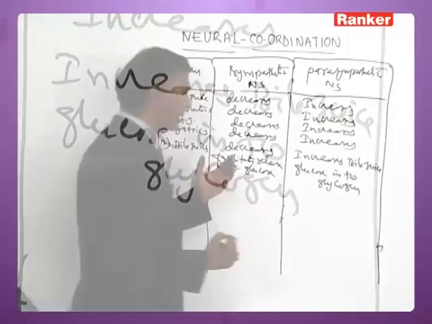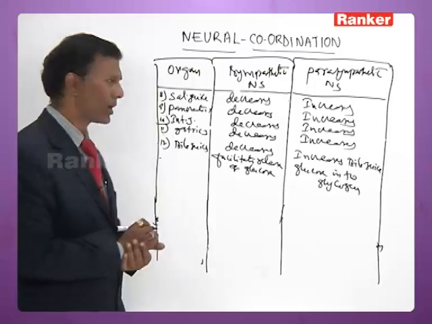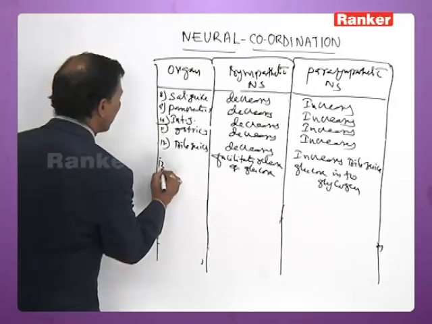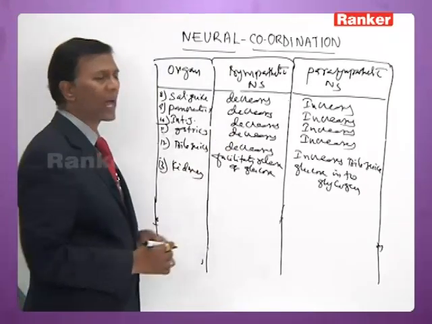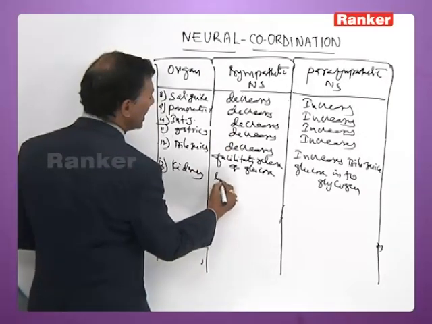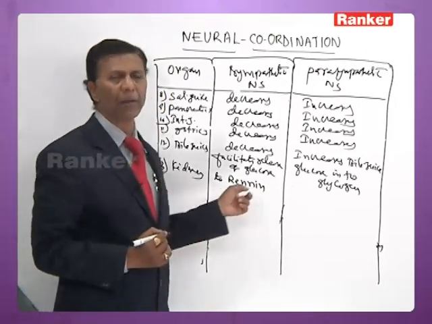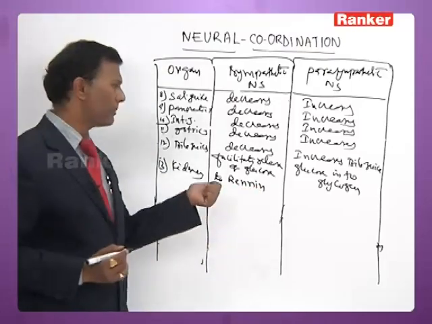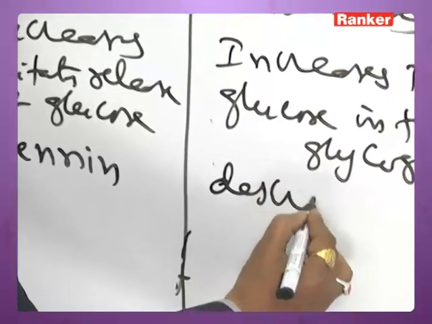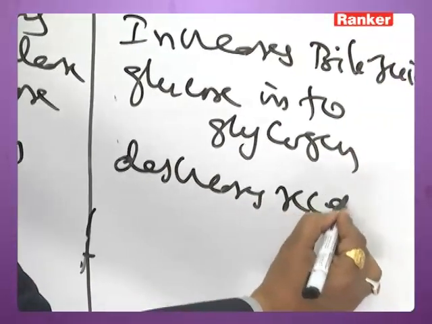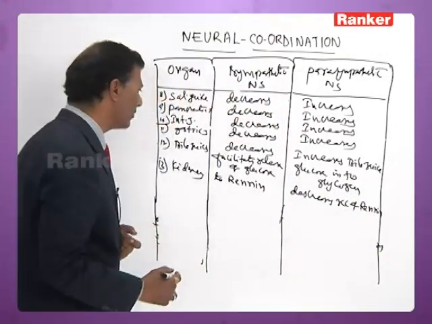That is, it brings about conservation of glycogen by promoting glycogenesis. The next organ is the kidney. The sympathetic system stimulates the juxtaglomerular apparatus of the kidney and thereby ensures formation of renin, and the parasympathetic system decreases the secretion of renin.